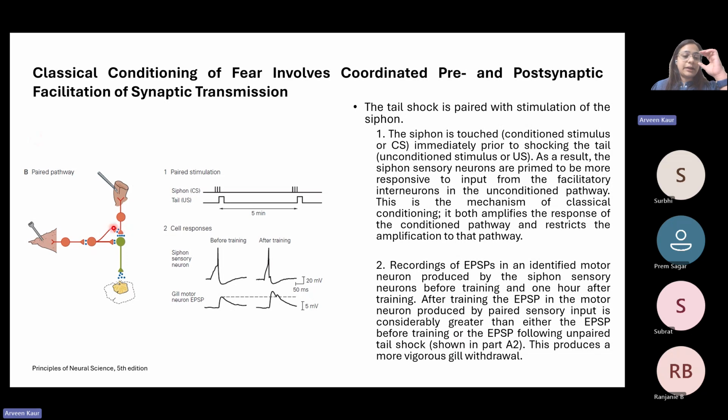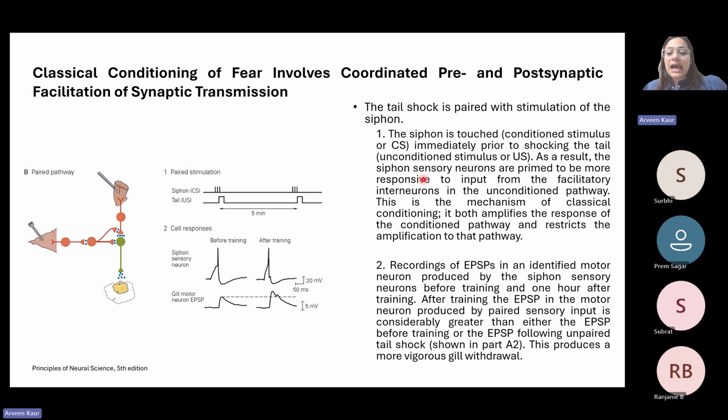There is a paired pathway as well, wherein the shock given to the tail and the stimulation of the siphon are actually coupled. So, tail shock is paired with the stimulation of the siphon. The siphon is touched, that is the conditioned stimulus or CS, immediately prior to shocking the tail, which is the unconditioned stimulus or US.